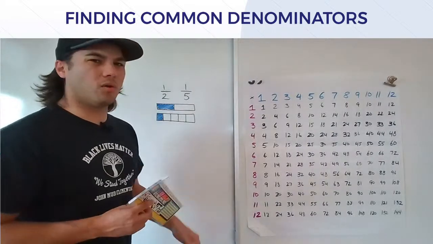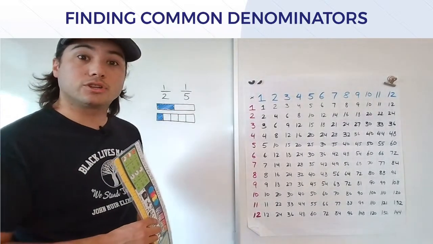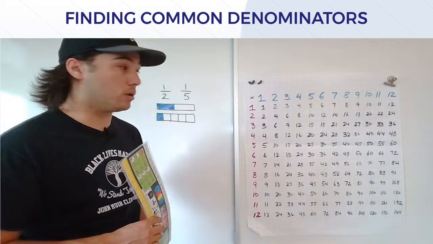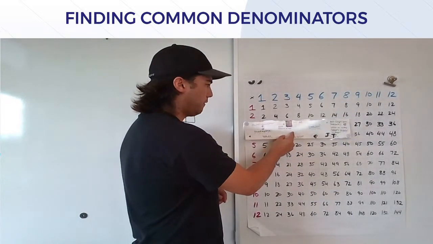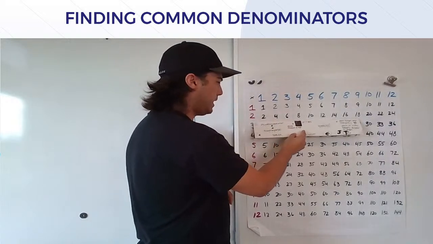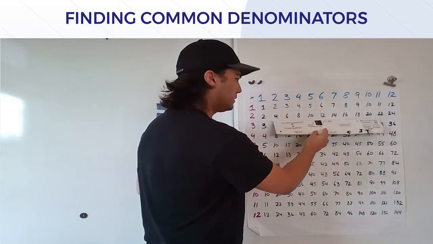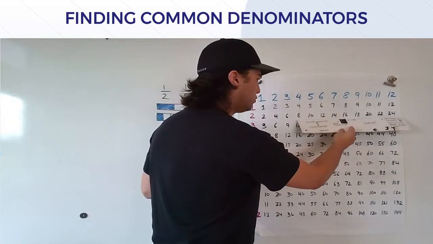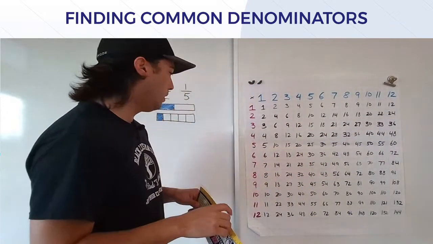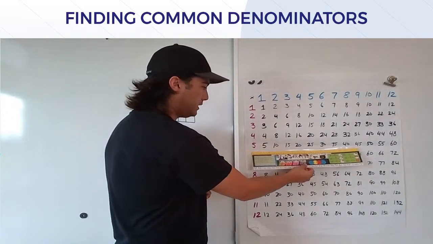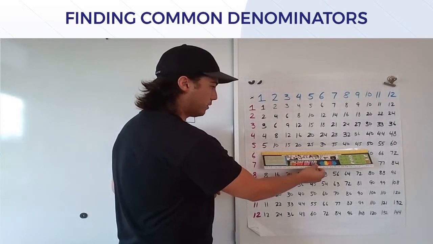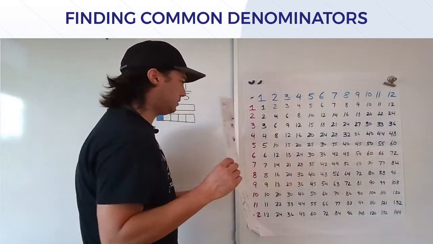And we want to know, are there any numbers that show up in both rows? So let's look at our 2's here. 2, 4, 6, 8, 10, 12, 14, 16, 18, 20, 22, 24. Okay? And then let's look at our 5's row. 5, 10, 15, 20, 25, 30, 35, 40, 45, 50, 55, 60.